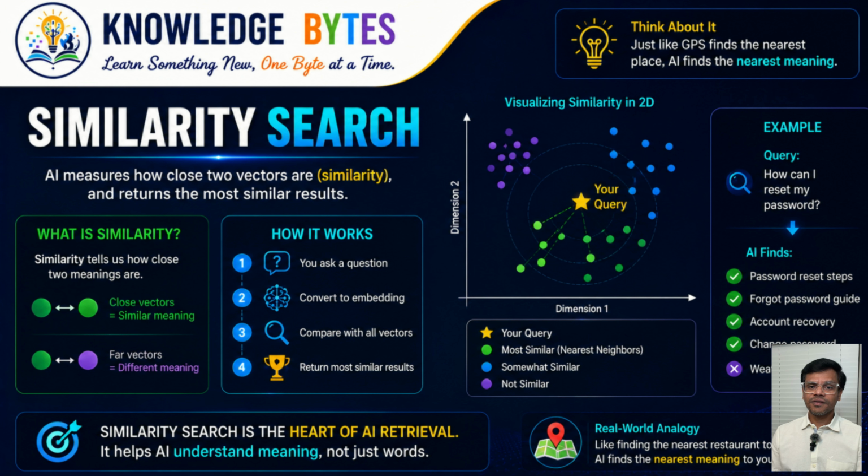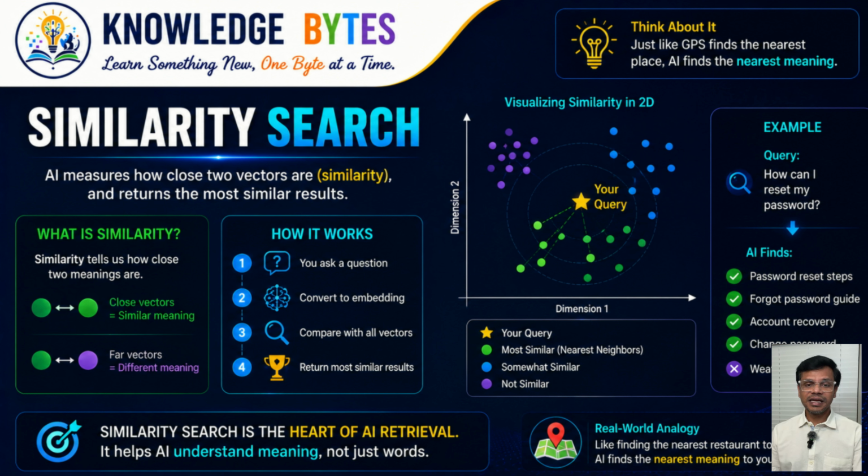Instead of comparing physical locations, it compares embeddings. Vectors that are close together usually represent similar ideas. Vectors that are far apart represent different meanings. For example, if your question is about resetting a password, AI might retrieve documents like password reset guide, forgot password, account recovery, or change login credentials, because these all represent the same intent.